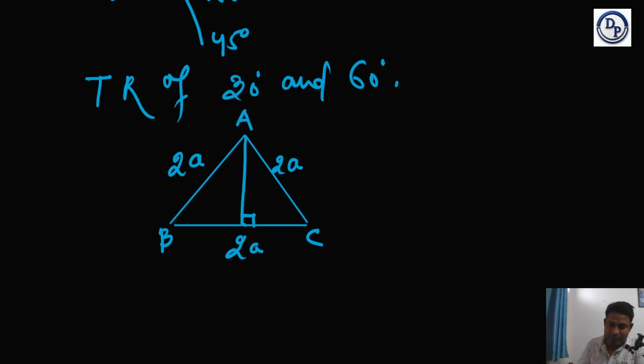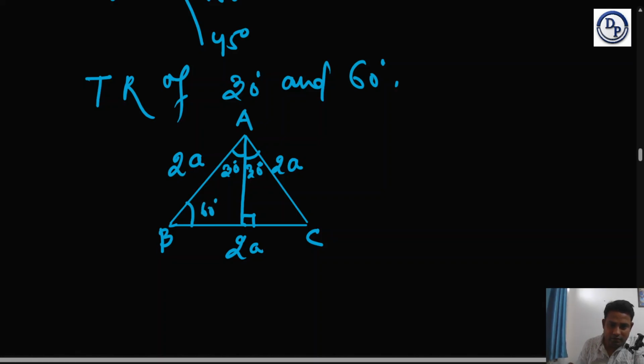This is 90 degree. As we know the property of an equilateral triangle, the altitude also acts as a median as well as an angle bisector. So now this angle becomes 30 and 30, and this is already 60. This is also 60. Are you getting my point? Because in an equilateral triangle, all the angles are of the same measure, that is 60 degree.